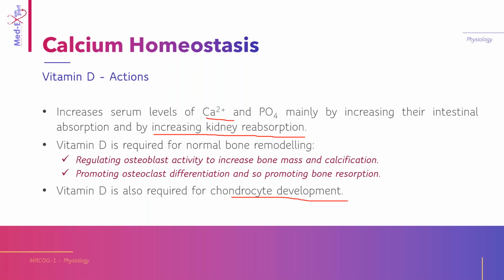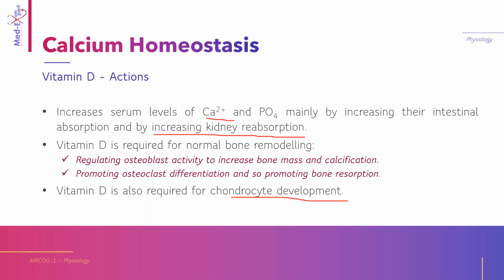So that is the first difference between vitamin D and parathyroid hormone. Parathyroid hormone doesn't act upon the GIT. The second thing is that vitamin D promotes the reabsorption of both calcium and phosphate, while the parathyroid hormone promotes only the absorption of calcium, while it promotes excretion of phosphate.